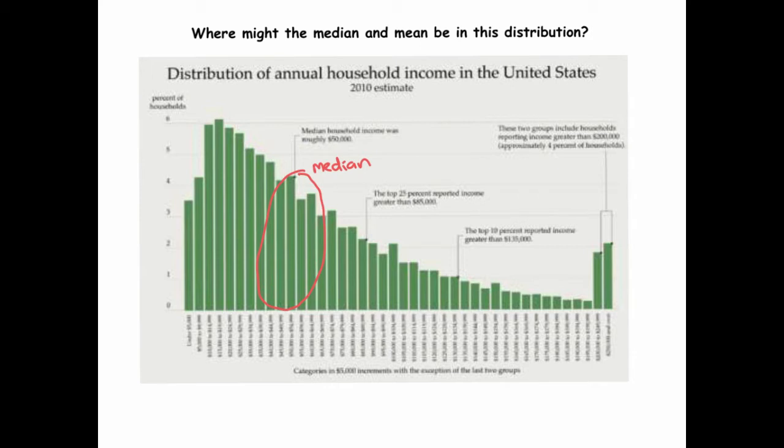I don't know, and without really getting into a crazy computation, we can't really find the mean here. But if we were to guess, based on what we learned in the previous slide, we should guess that the mean would be somewhere over here in this area, because you've got really rich people over here who make billions, and when they get computed into the average, or the calculation for the mean, they're going to be pulling that average up just by virtue of the fact that they're making an exorbitant amount of money.